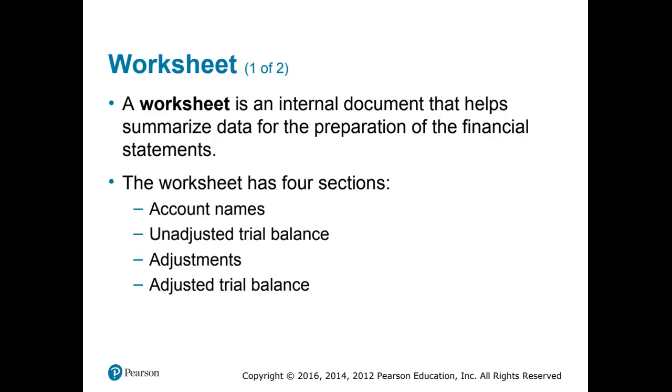A worksheet is an internal document that helps to summarize the data to prepare our financial statements. There are 4 sections in the worksheet, as we have seen in our assessment: the account names, the unadjusted trial balance, the adjustments, and the adjusted trial balance.